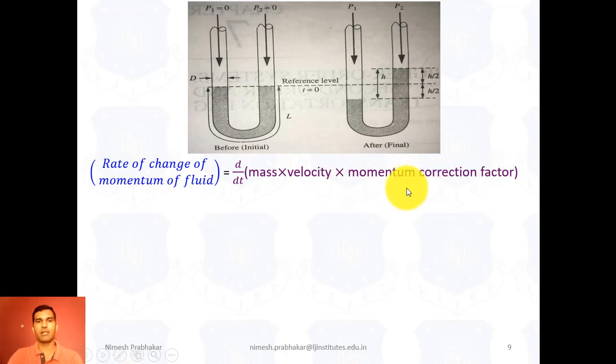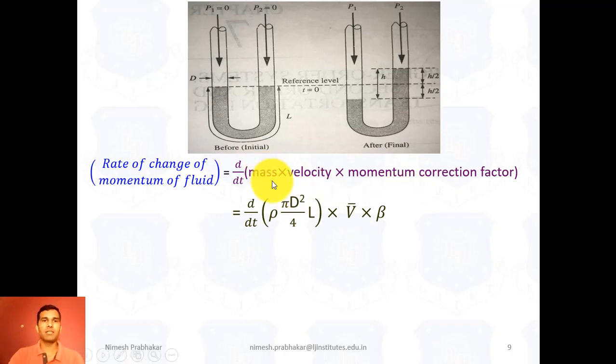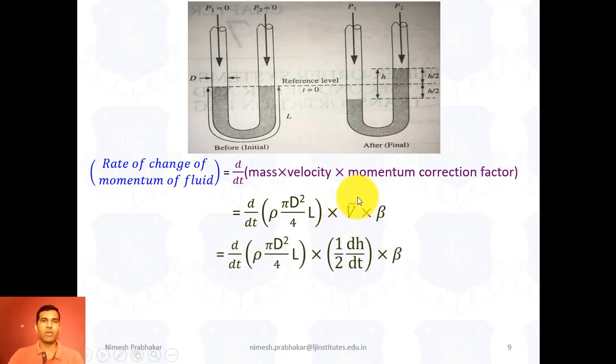So we can write this equation as d by dt of mass, which is rho pi d square by 4 into L, and velocity, which is V bar, and the momentum correction factor is beta. Here we know V bar equals 1 by 2 dH by dt. So we get this equation, and for laminar flow the beta value is 4 by 3.